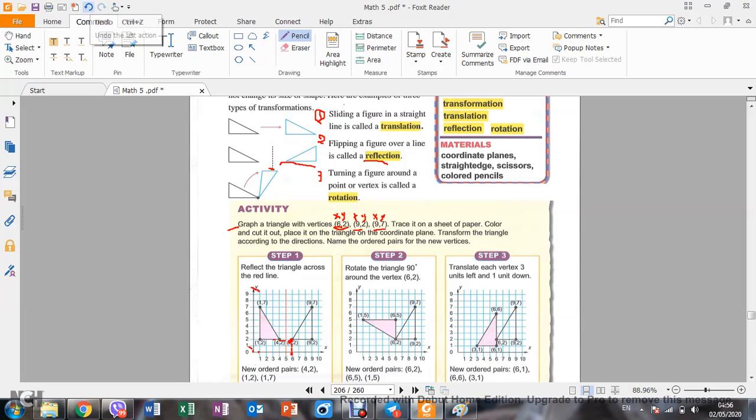Look again, I do it. We have the first one, 6. Look, I draw a line from 6 to here. After that, the Y of this 6 is 2, so I draw a line from 2.